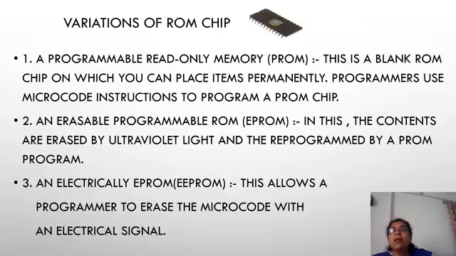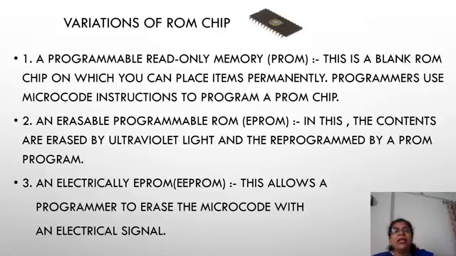A programmable read-only memory, that is PROM. This is a blank ROM chip on which you can place items permanently. Programmers use microcode instructions to program a PROM chip. An erasable programmable ROM, EPROM.